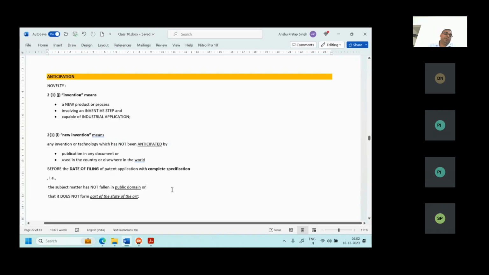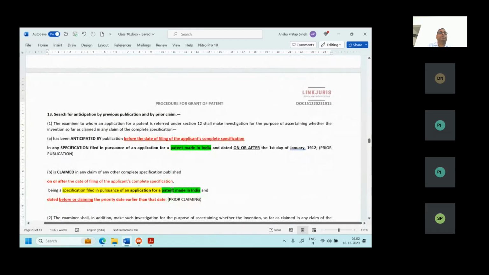Now, what is most important about the subject matter is that it should not be in the public domain or be a form of prior art. This is what novelty stretches to. Now, if we go to the search for anticipation by previous publication and by prior claim: we have read Section 11, 11A, 11B. 11 is priority, 11A is publication, 11B is examination, and 12 says the examination, where the Controller will refer the application to an examiner for examination.